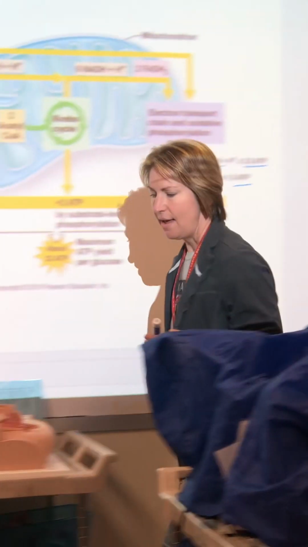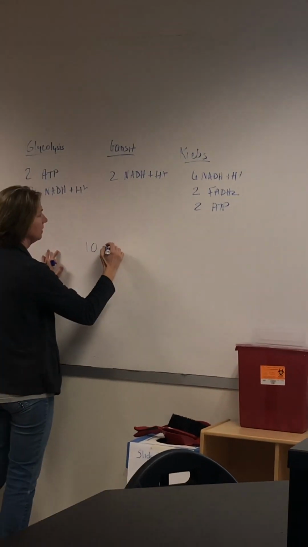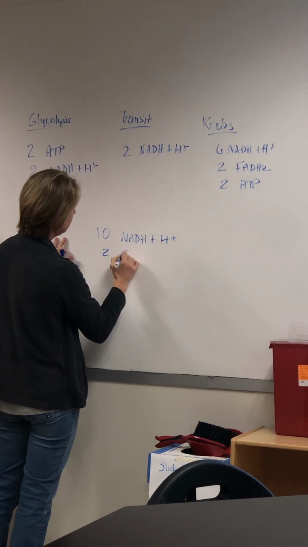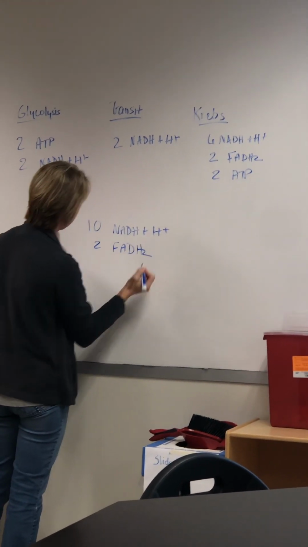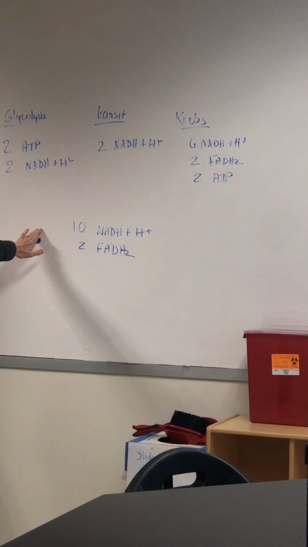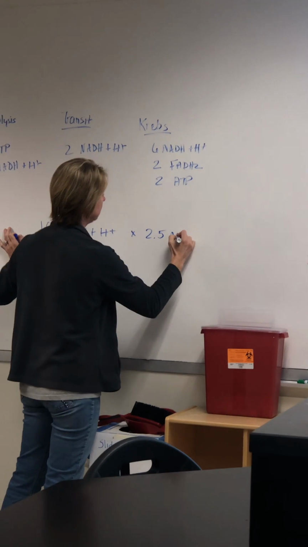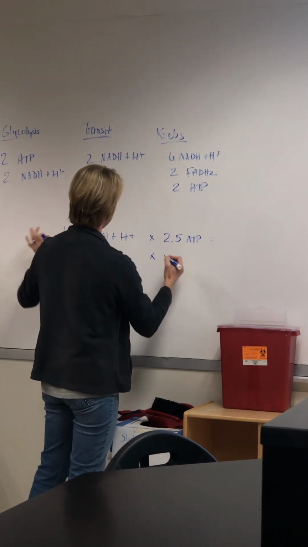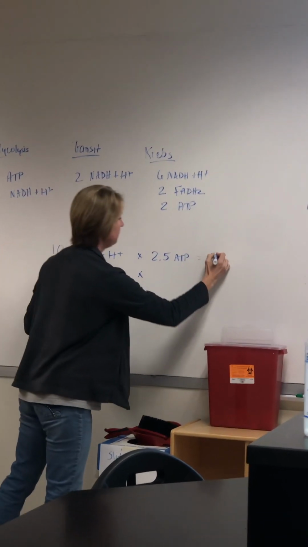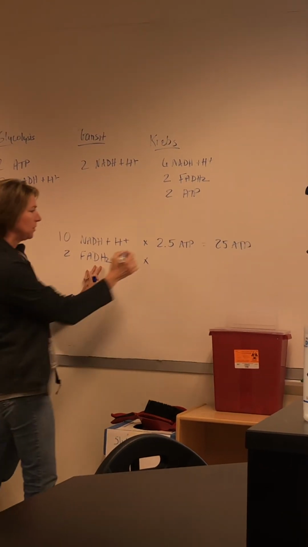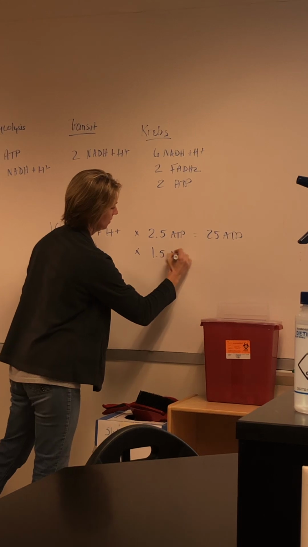But when we add it up, so I have 10 NADH, I have 2 of these, and then we said how much for each NADH? 2.5 ATP, is that right? Yes. Okay, so that gives me 25. For FADH, I'm going to multiply by 1.5.